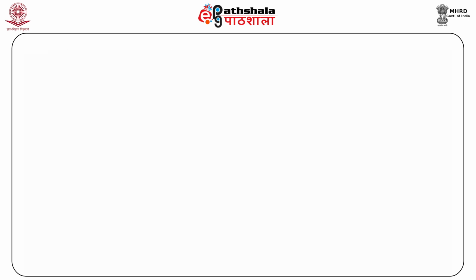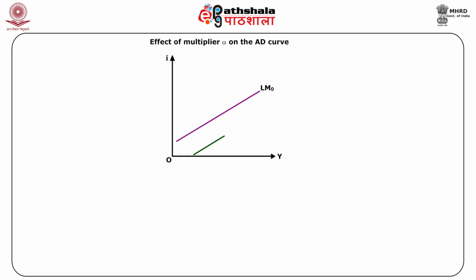To visualize it graphically, consider the given figure. The same figure is used to study the effect of an increase in alpha on the slope of the aggregate demand curve. When price decreases, real balances increase, leading to a shift in the LM curve from LM0 to LM1. This reduces the interest rates from I0 to I1 and increases output from Y0 to Y1.